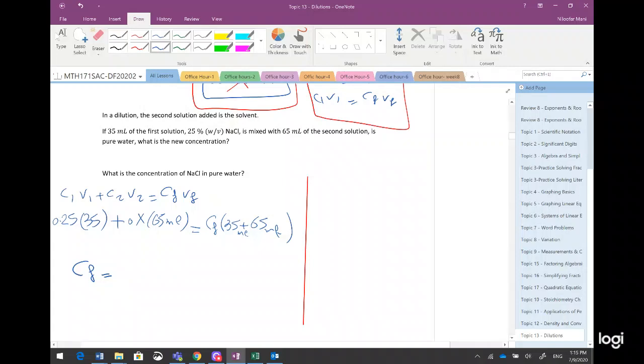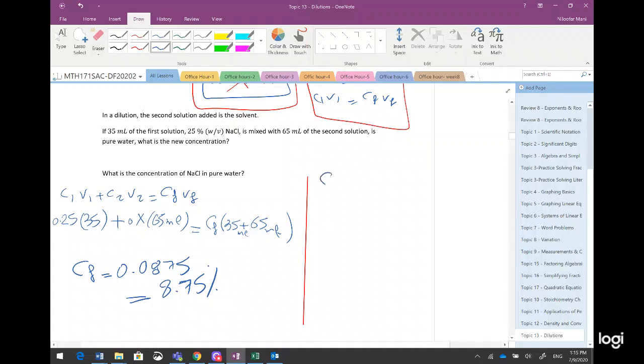So that's 0.0875, which is 8.75%. And as you can see, it makes sense, the concentration went down because, of course, dilution means reducing concentration. Okay, so let's say I don't want to use this formula, I want to use the other formula.